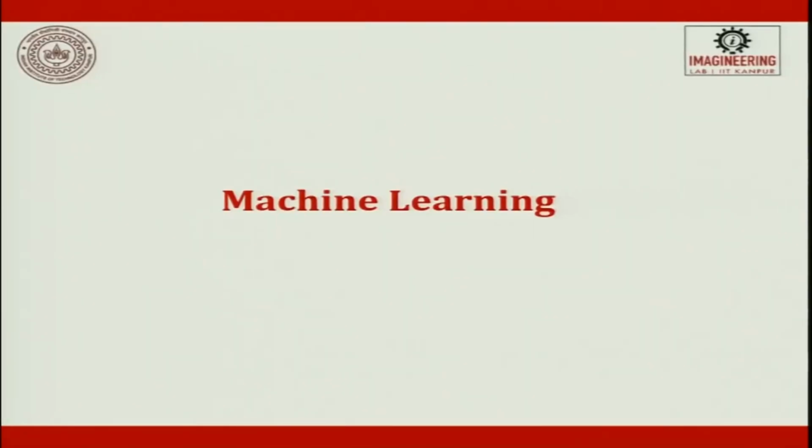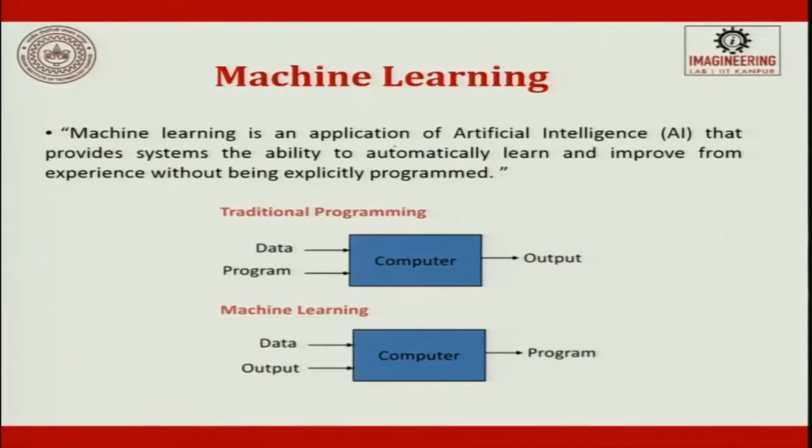Next, let us move to machine learning. First was artificial intelligence, next is machine learning. Machine learning is an application of artificial intelligence that provides systems the ability to automatically learn and improve from experience without being explicitly programmed. So, when I was going through a road, I knew there is a pothole in the road.